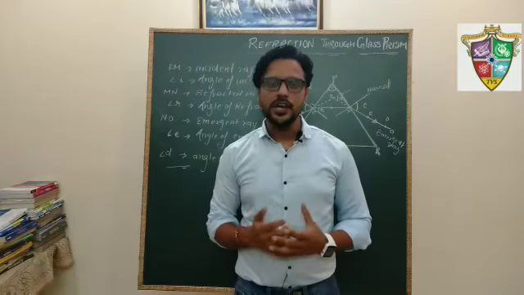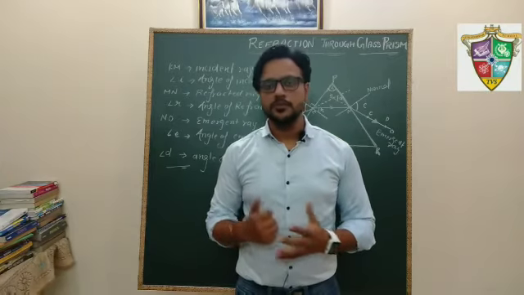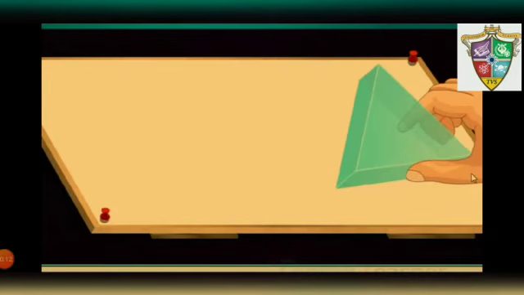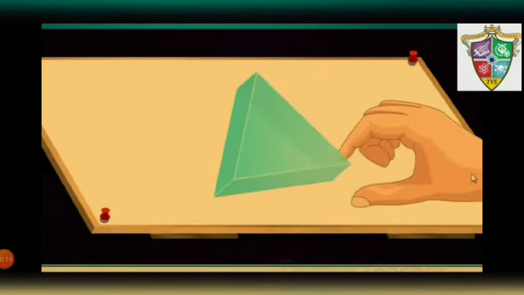Now let's see with the help of animation how this experiment is performed. We will take white paper, fix it on the drawing board, then we will put a glass prism on it.